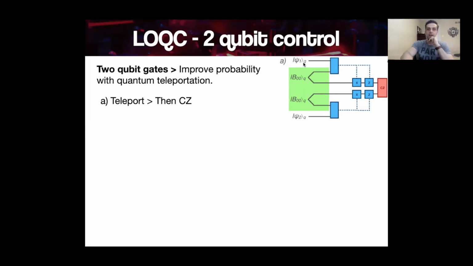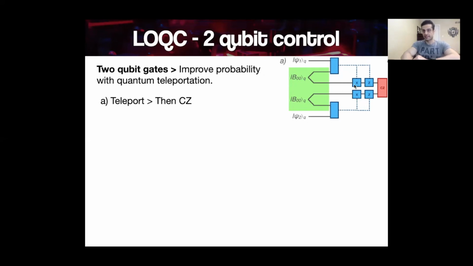Okay, so we have our qubit here. And I'm writing everything now in terms of logical qubits. So this line here, you can think of it as your two rails, but I want to keep the picture simple. So this is our one qubit. This is our other qubit. Now, a very convoluted way to do a controlled Z gate is to use a pair of Bell states, have our one qubit moving along, and use this Bell state to teleport it over here.